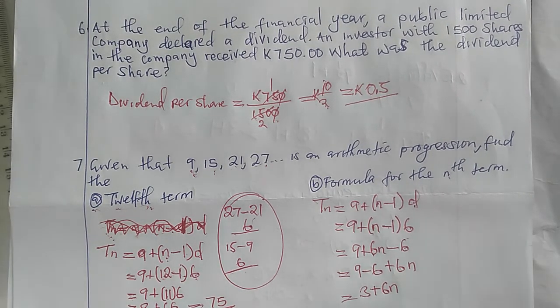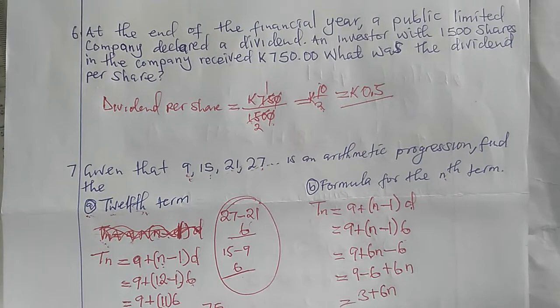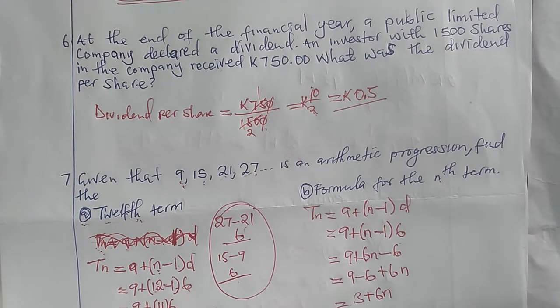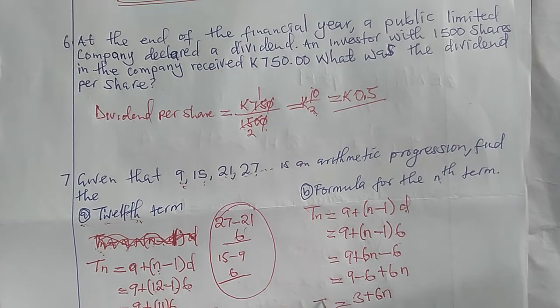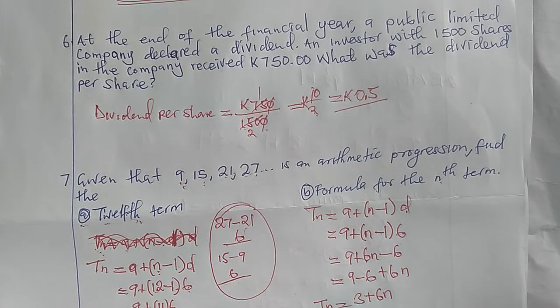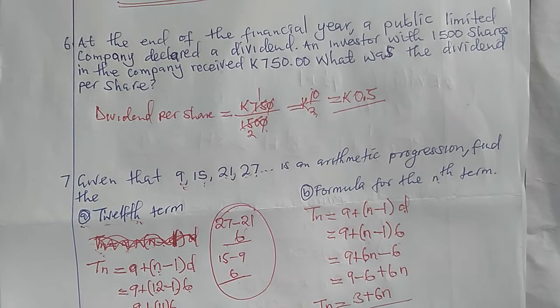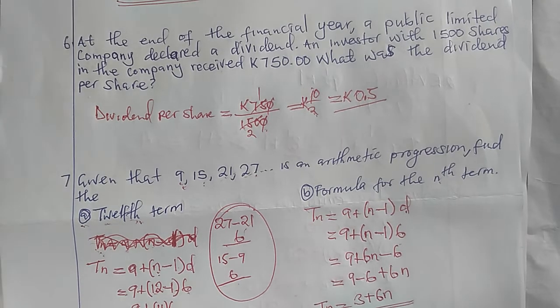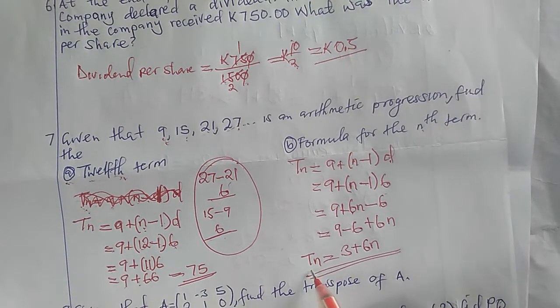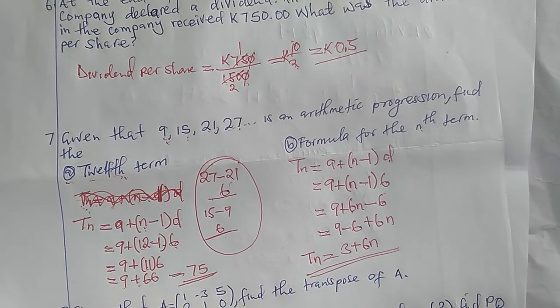So this is the formula for the nth term. You can bring Tn here and say Tn is equal to 3 plus 6n, and you write this in the answer spaces provided. That is the answer you write: Tn is equal to 3 plus 6n.